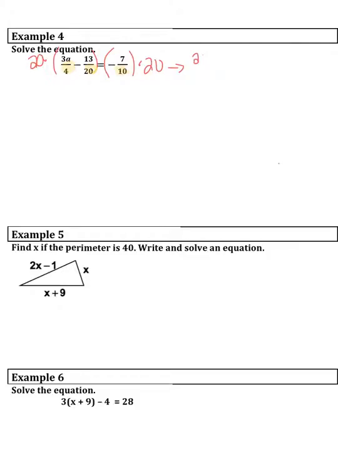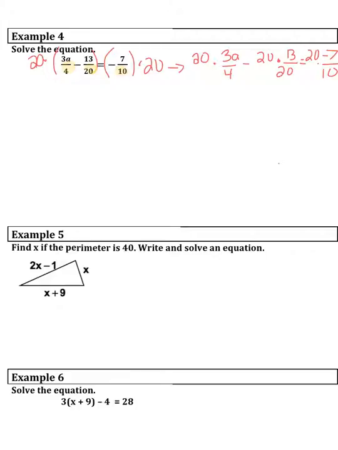So you're going to have 20 times 3a over 4 minus 20 times 13 twentieths equals 20 times the negative 7 tenths. I think it's helpful to write the times 20 by each term so you can really see what cancels here.